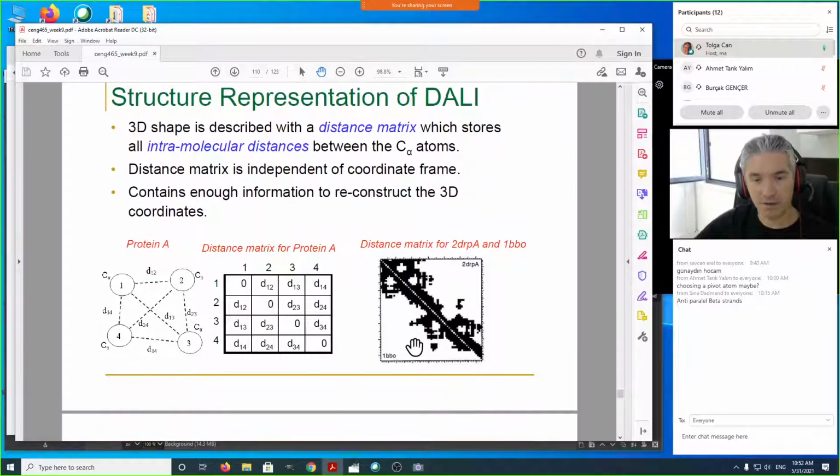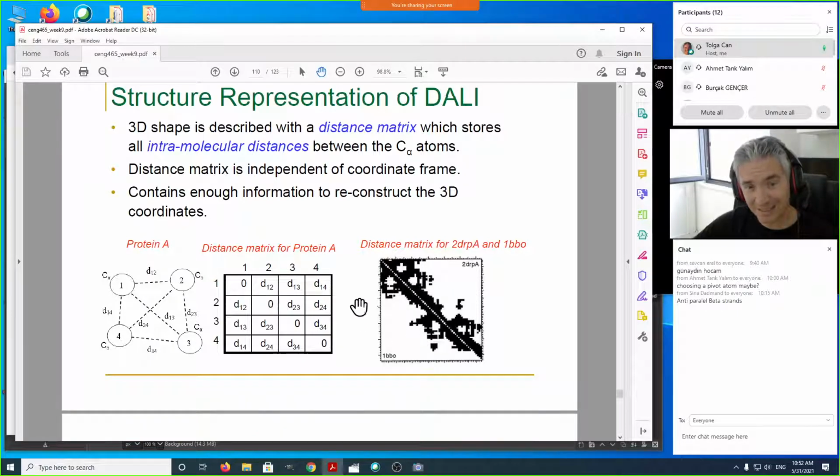So here is a distance matrix of two protein structures that are different. This is not a square matrix, as you can see, but in order to have a diagonal like this, if this diagonal has to be a square, their sizes have to be matching, right? I think this is showing two intramolecular distance matrices.